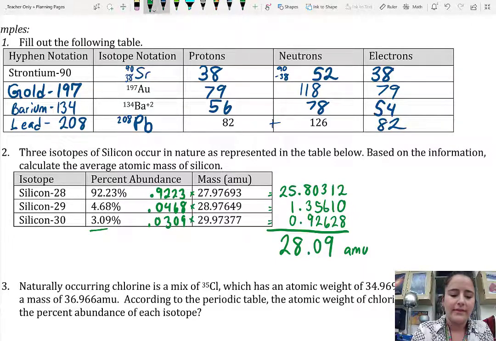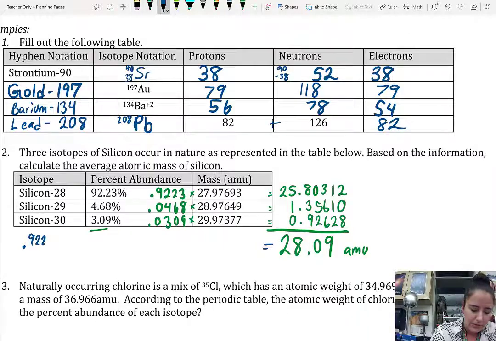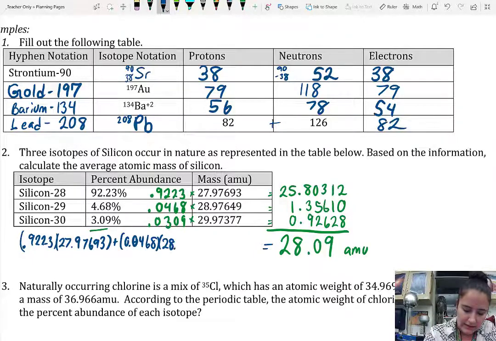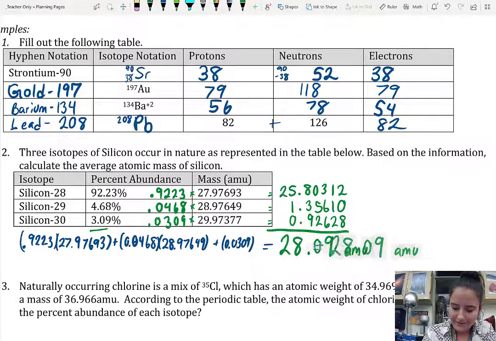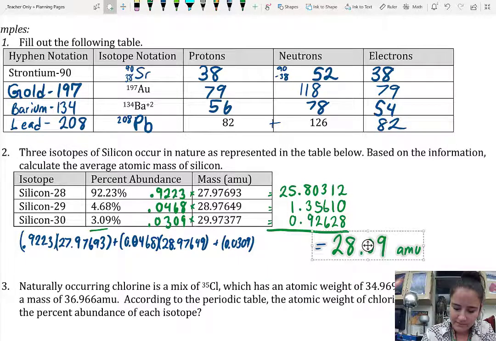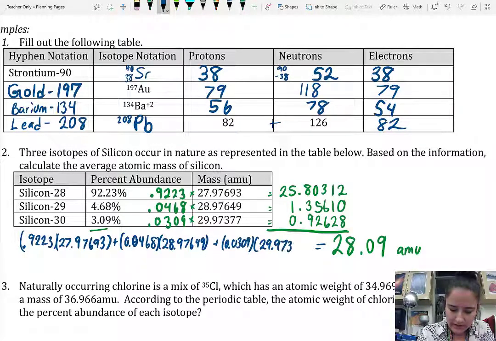Another way that you could write this out, kind of in a formula way, just to show you guys what we did there, would be equal to 0.922 times 27.97693 plus 0.0468 times 28.97649 plus 0.0309 times 29.97377.